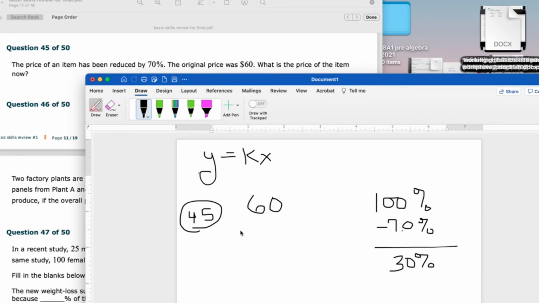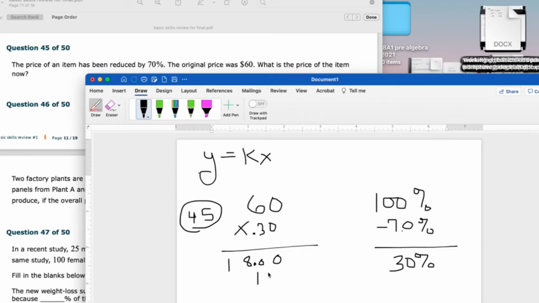So we're going to say 60 times 30% is 0.30. Okay, so we're going to multiply 0, 0, and then 0, 18, and 2 decimal places right there.